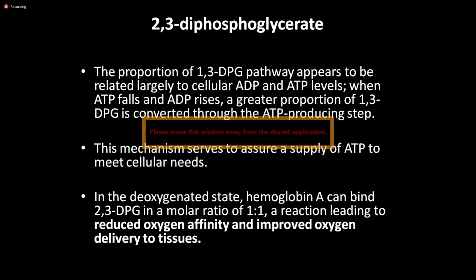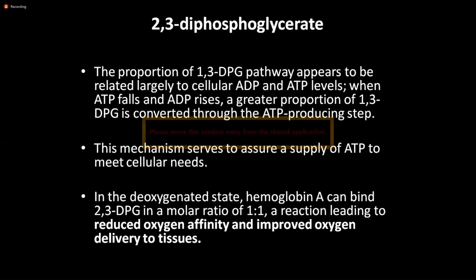By the same mechanism, this molecule also ensures the safe delivery of oxygen to the tissue. In the deoxygenated state, adult hemoglobin can bind 2,3-BPG at a ratio of 1:1. It means that one hemoglobin molecule can bind one molecule of 2,3-BPG.